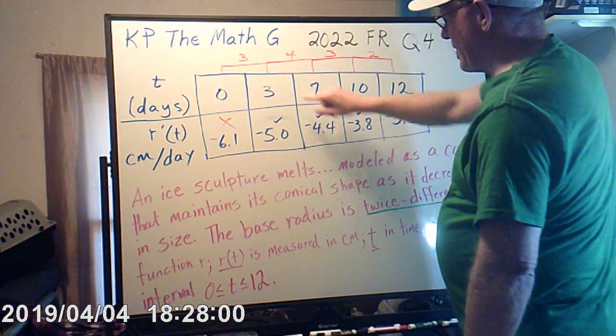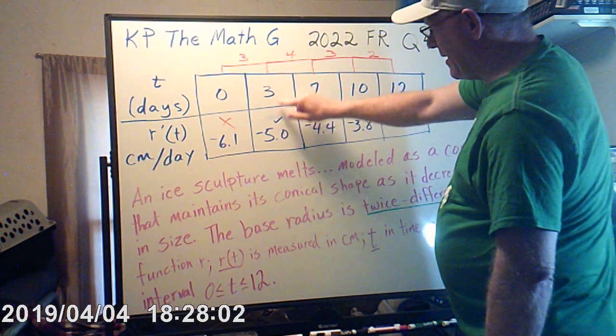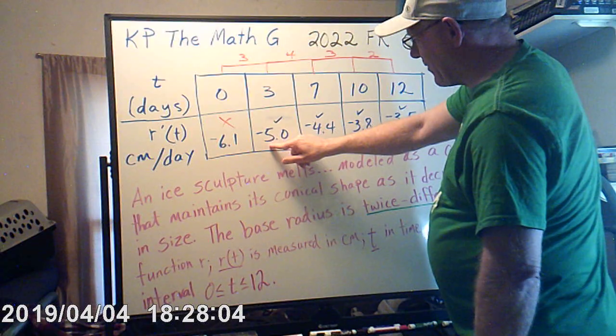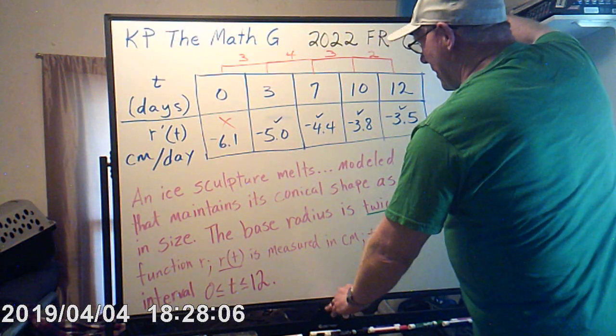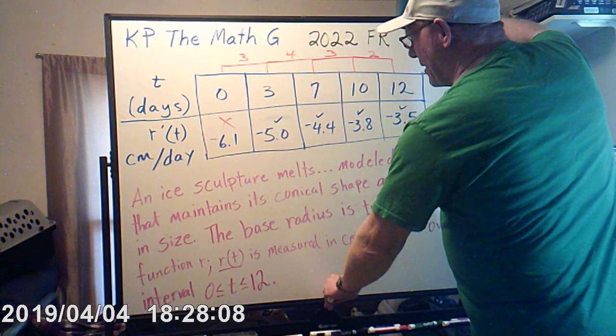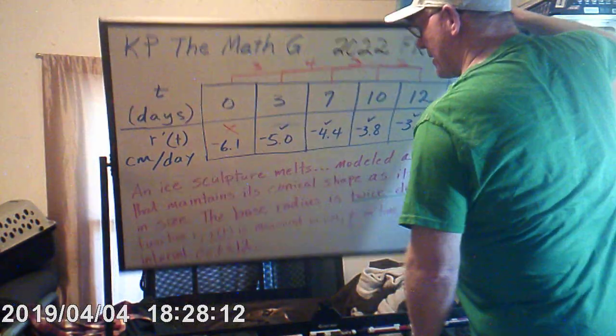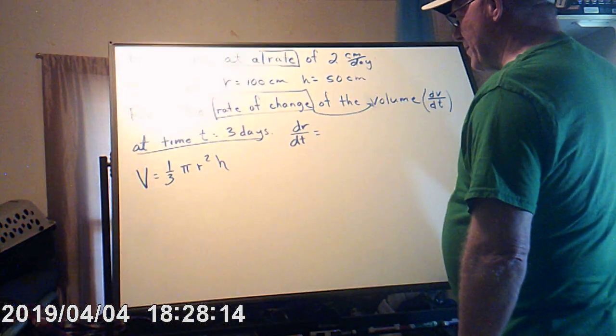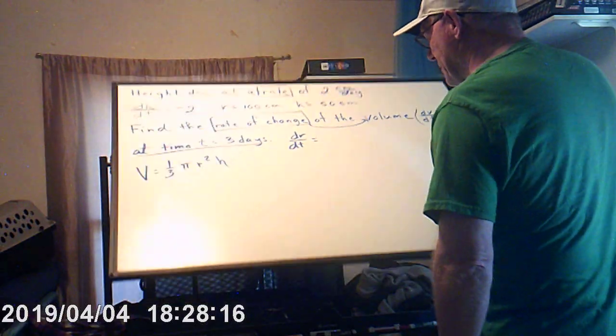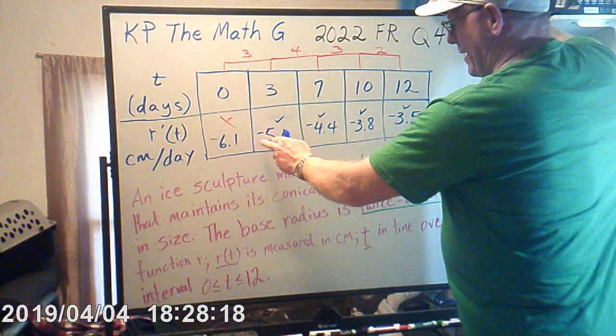Your table at 3 days is negative 5.0. So, all right, so R prime at 3, or dr over dt is equal to, back it up again, negative 5.